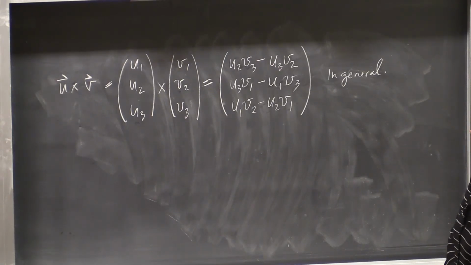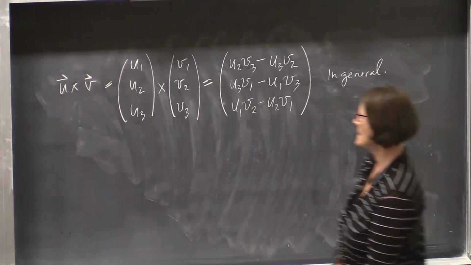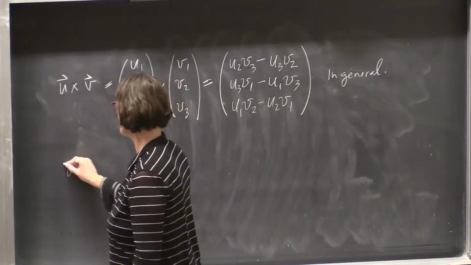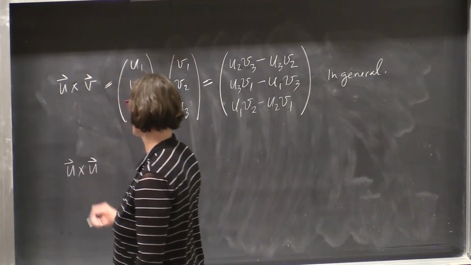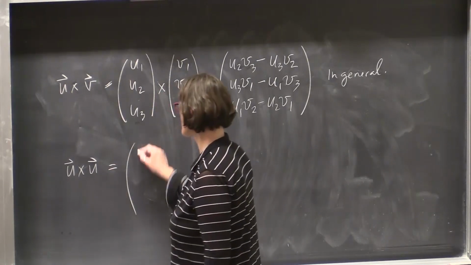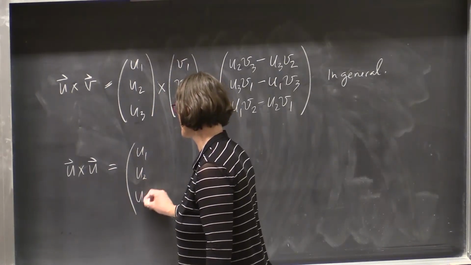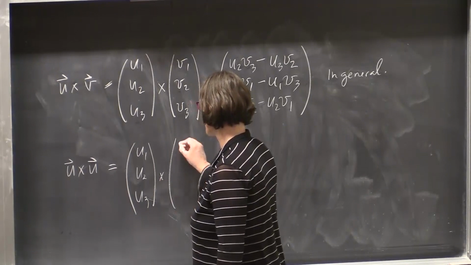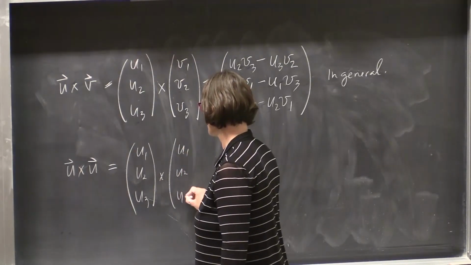So we can check some simple things. So first of all, U cross U. So that's (U1, U2, U3) cross product (U1, U2, U3).